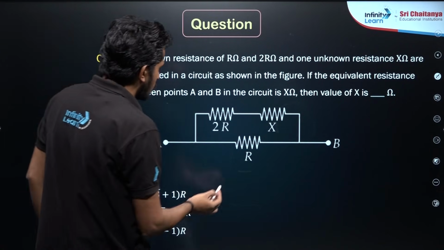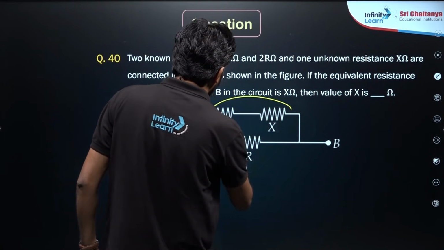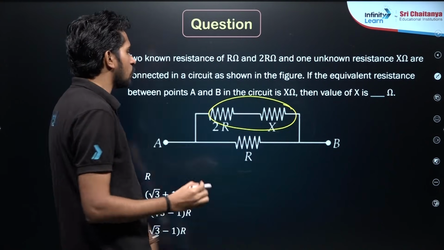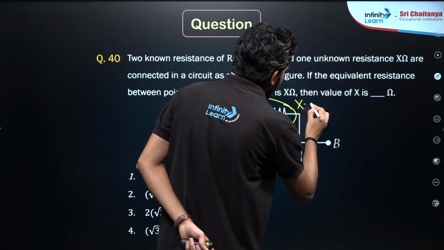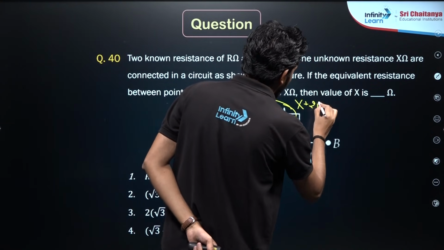So let's say the equivalent for this series combination would be X plus 2R.